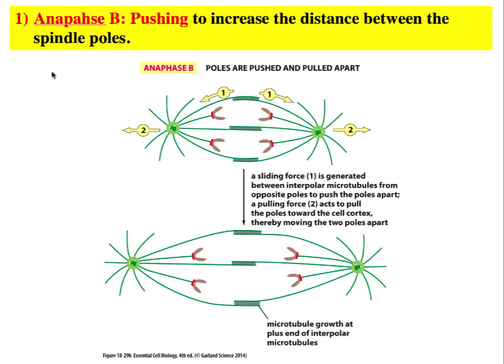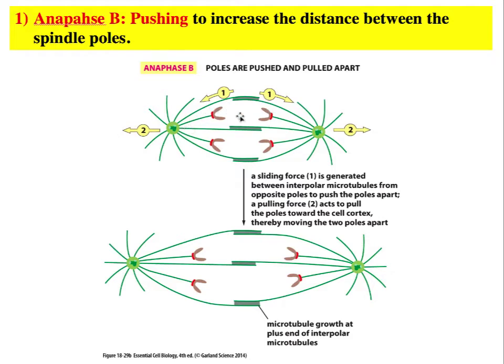In the second type of anaphase stage, anaphase B, which happens simultaneously, we focus our attention on the regions not involving the chromosome. So that would be the microtubules connecting the two asters together, and the microtubules connecting the poles of the aster, the centrosomes, to the plasma membrane, not shown.